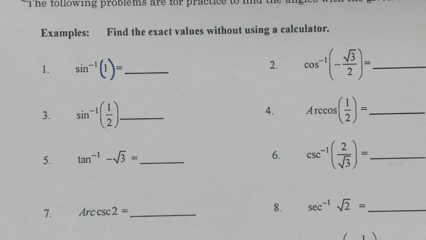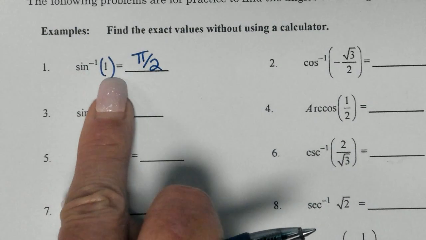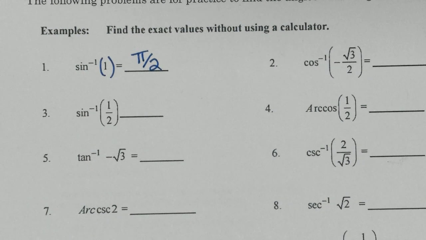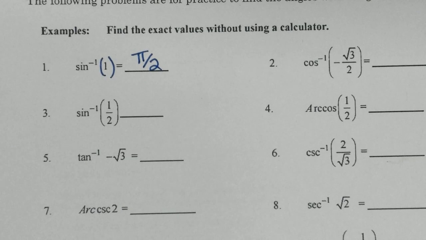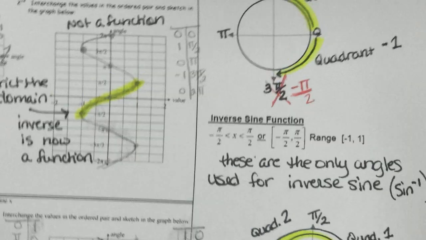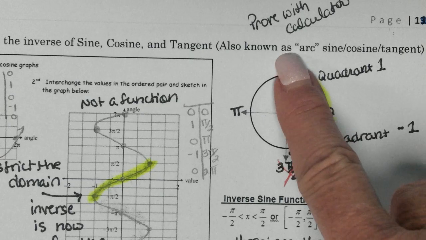What is that in radians? That's your answer, pi over 2. I'm looking for the angle that has a sine ratio of positive 1, and that's actually the only one possible. But notice pi over 2 is within our restricted domain, because I'm going here from 0 to pi over 2.